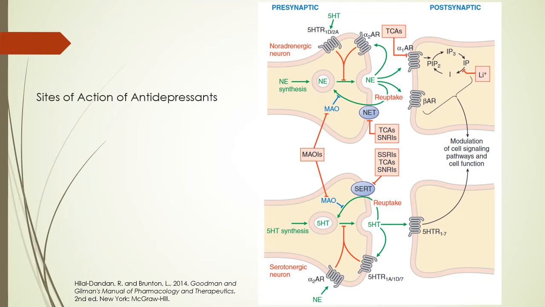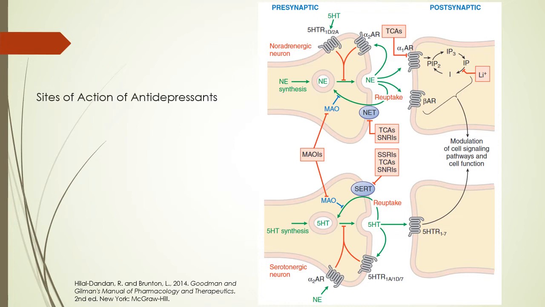The same mechanism is afforded by serotonin, but this time, serotonin will have to act at a specific inhibitory receptor, which is the serotonin 1D 2A receptor. So the end effect of these two would be to decrease the release of norepinephrine.